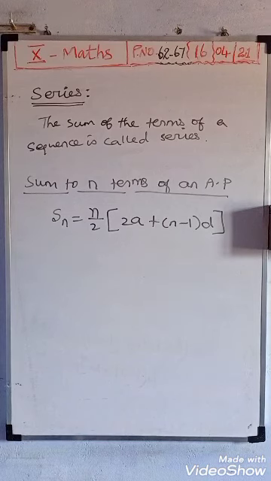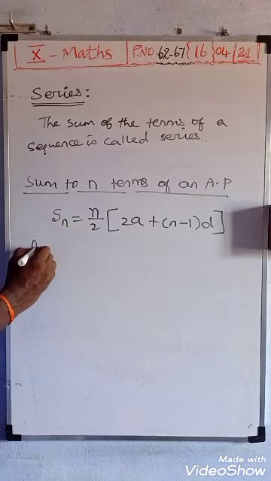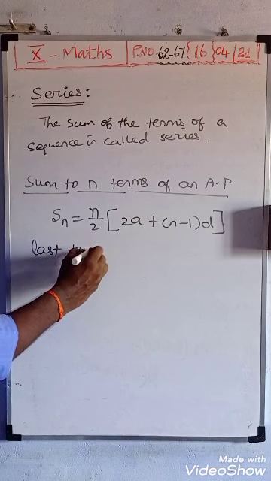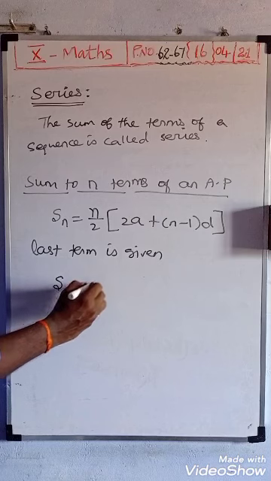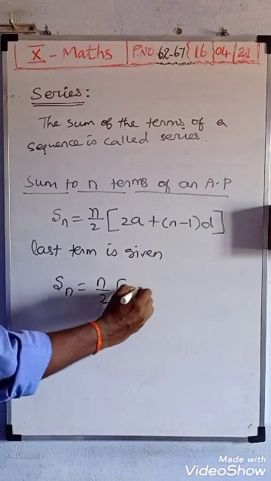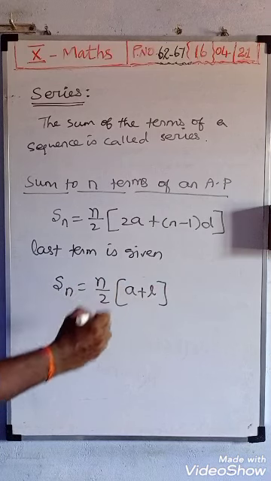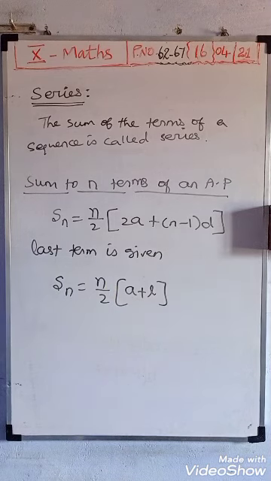Suppose the last term is given, then Sn is equal to n by 2 into a plus l. So in an arithmetic series there are two formulas, and using these two formulas we are going to solve the exercise problems.